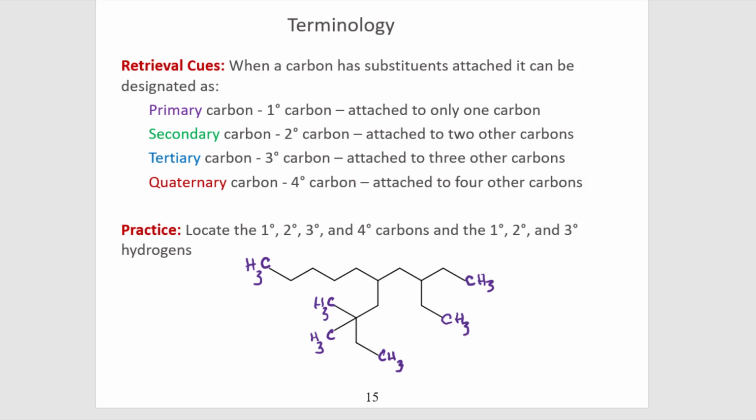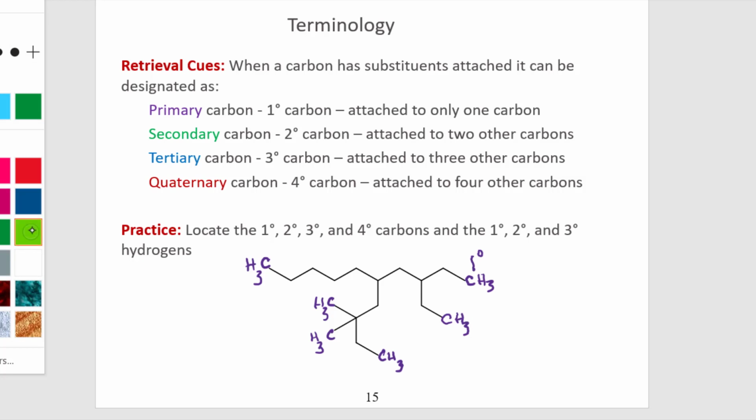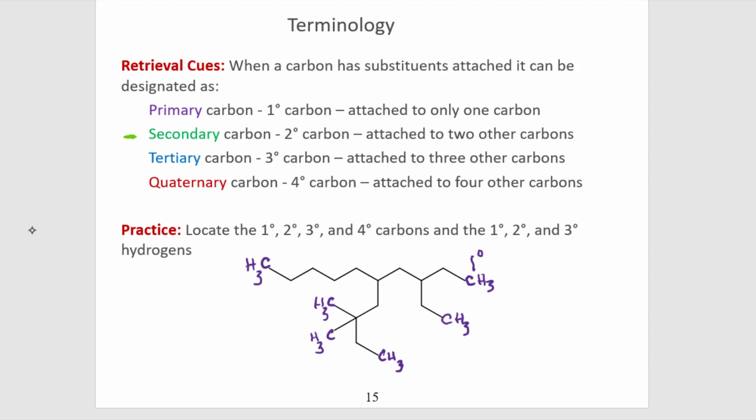These are all called primary carbons. Secondary carbons are the ones that have two carbons attached to them. So in green, I'm going to color code all of the secondary carbons. These carbons have, look at them, two carbons, and then they have two hydrogens that are assumed. So I'm highlighting all of the secondary carbons.